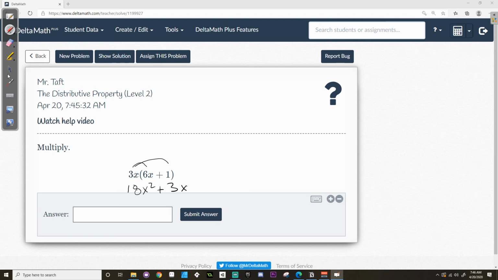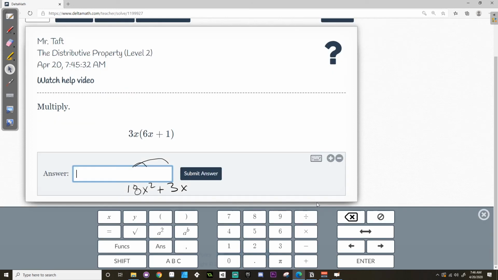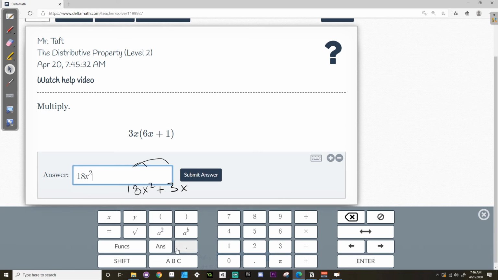Now when you're trying to enter your answer here, you can use the keyboard on screen, or you can use whatever keyboard you have in front of you. So entering 18x squared, I have 18, and then let's do x. And if you don't know how to do the squared, it's right here.